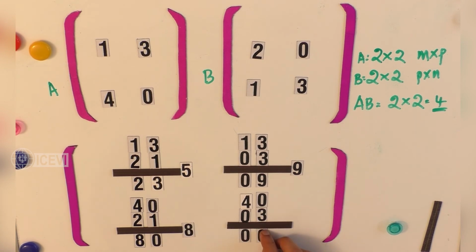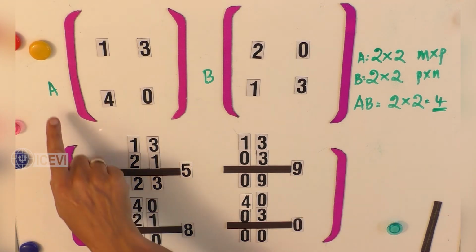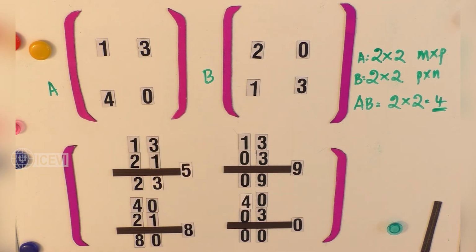And the fourth element is 0 plus 0, which is 0. Now, the product of the matrix A and B is 5, 9, 8 and 0. So, this is the product A multiplied by B.